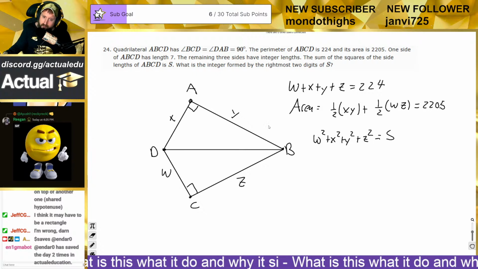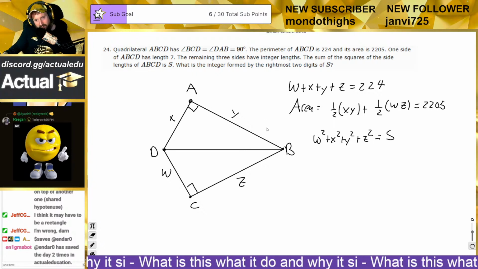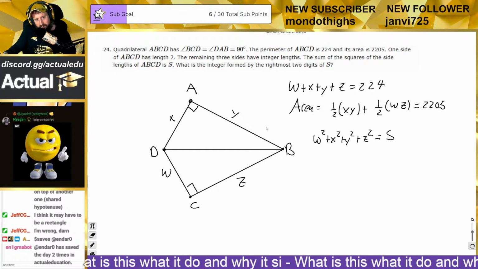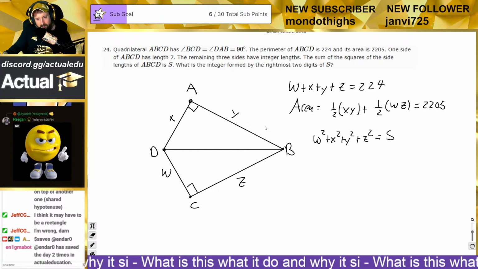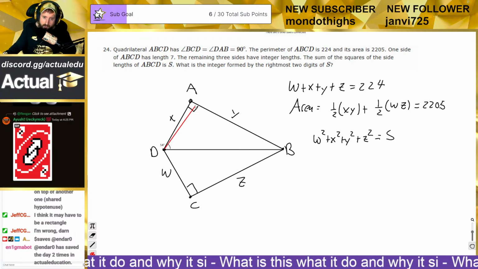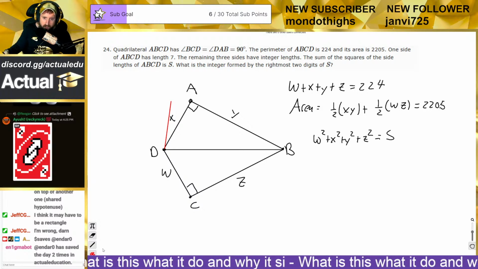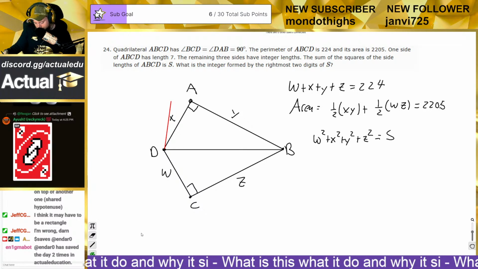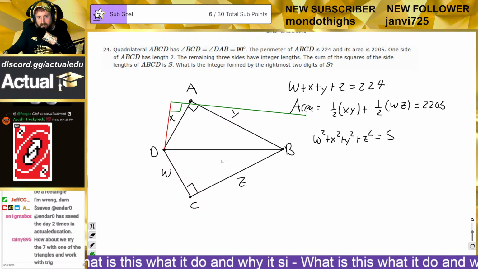Oh, maybe not, though. Well, one sec. If I were to move this back here, oh, okay, well, no. This would still have to be 90 degrees.